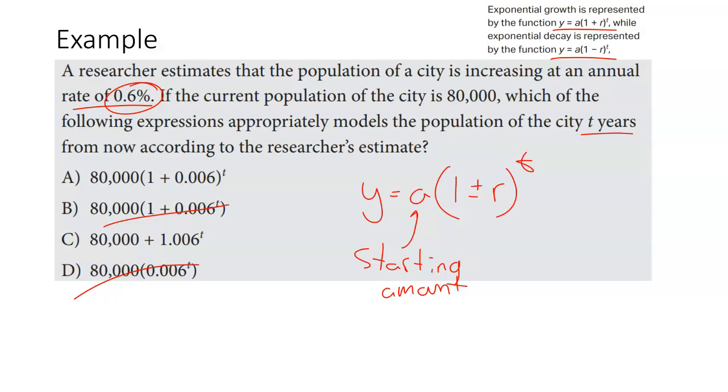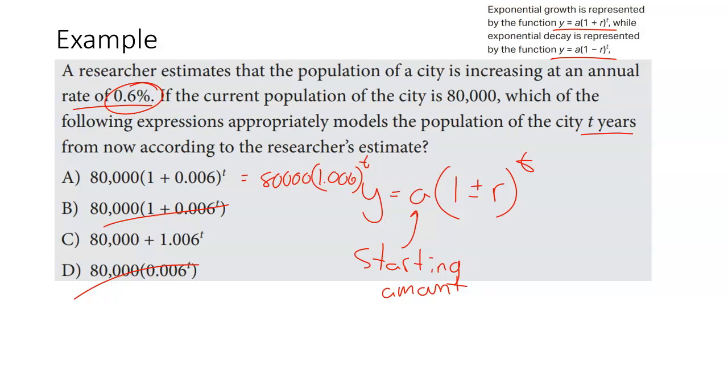Sometimes they will shorten the expression, and you won't see what's in the middle as 1 plus 0.006. You'll see it as 800,000 times 1.006, okay, to the power of t. Sometimes we'll go ahead and do that addition and add those together to get that. So you could see it either way.